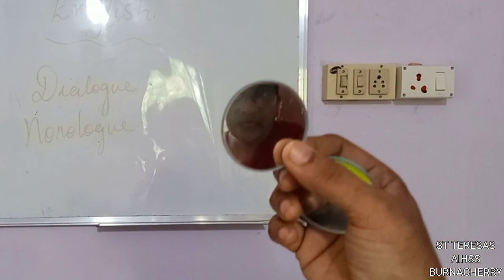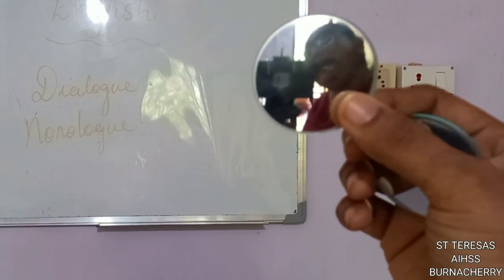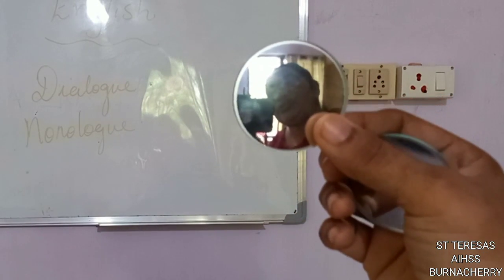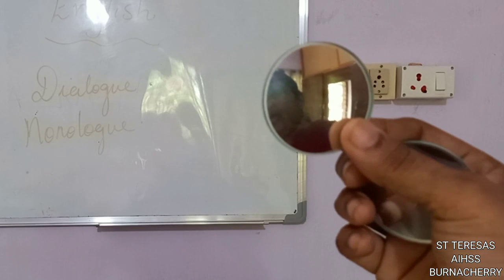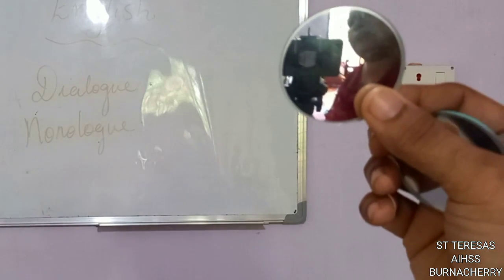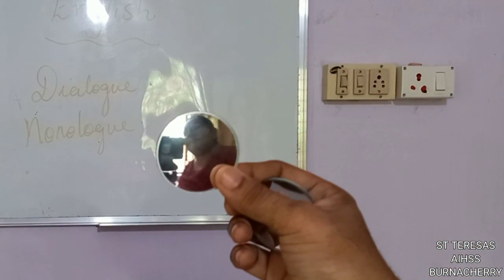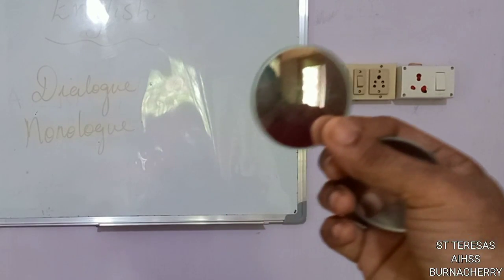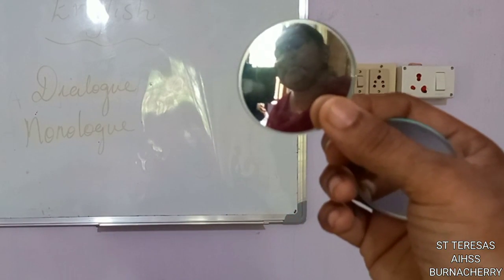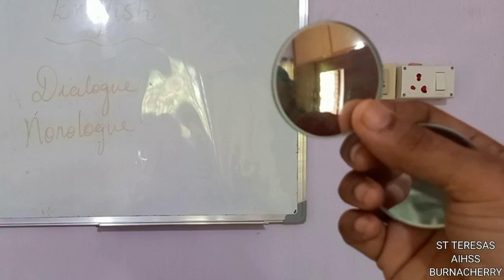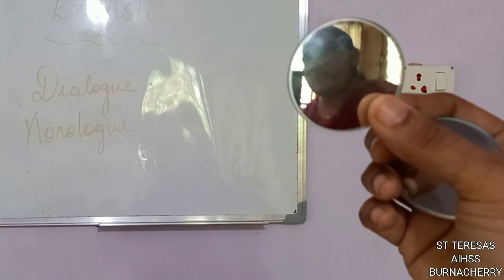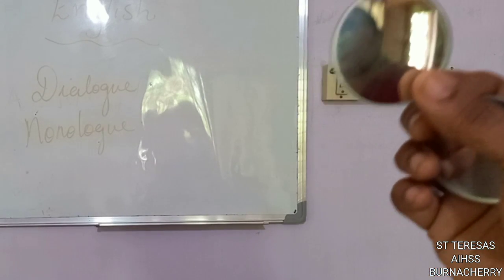So here we can have a wide view of the room through this mirror. A wide view, and you can see a diminished form. It is not the real image as you look in the plane mirror. In the plane mirror, we can see the same size.